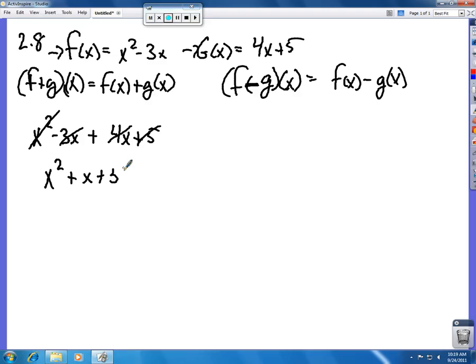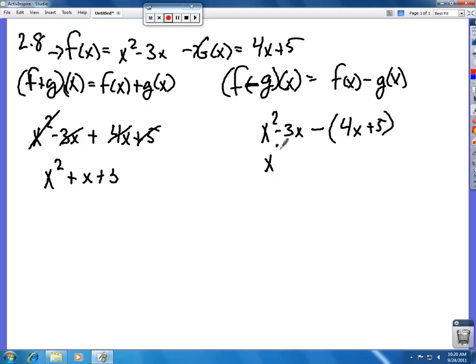Now let's do the f minus g. So again, we've already got our outcomes. So x squared minus 3x minus g of x, so 4x plus 5. And notice I did the parentheses around g of x. That's because the negative sign out front needs to be passed through the whole function of g.